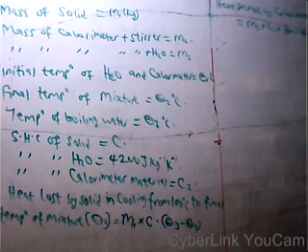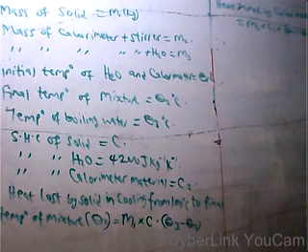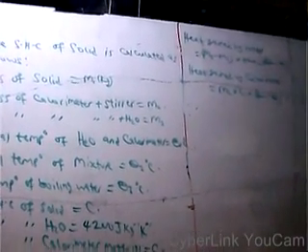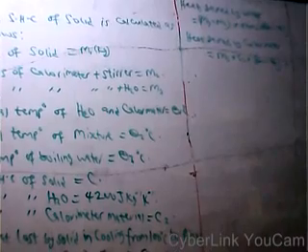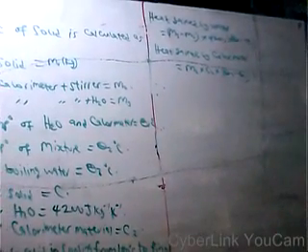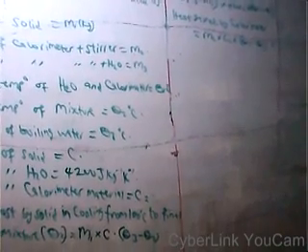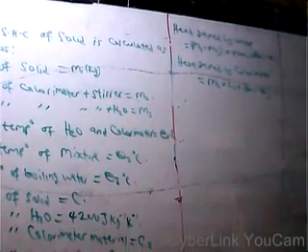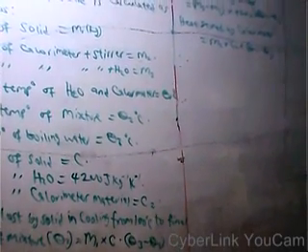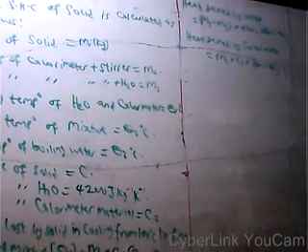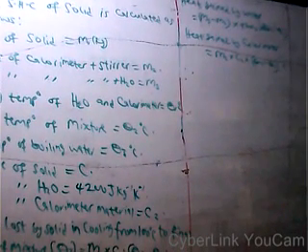Now, let's look at the heat gain by water. The heat gained by water will be the mass of water times the specific heat capacity of water times the change in temperature of water.